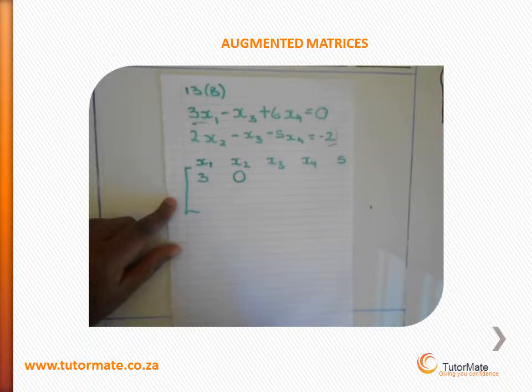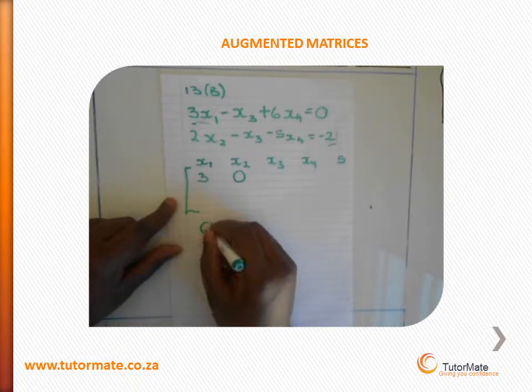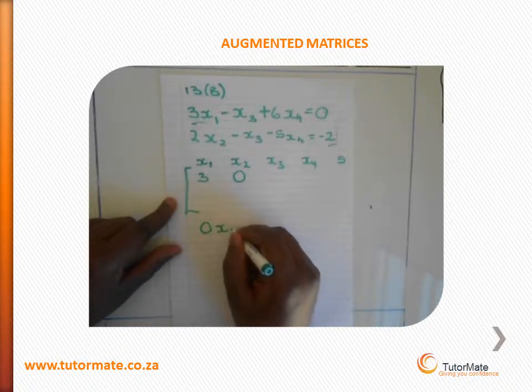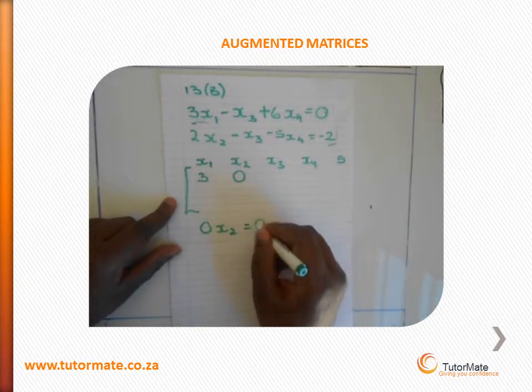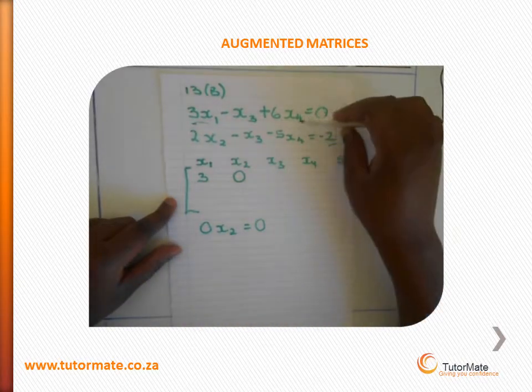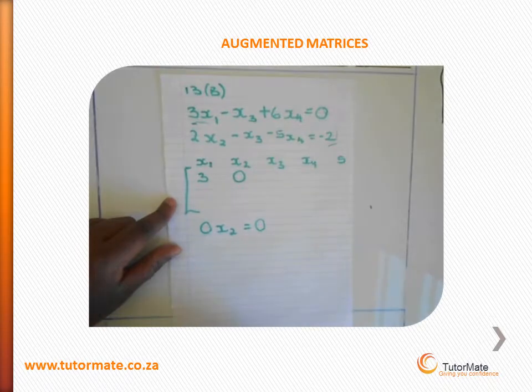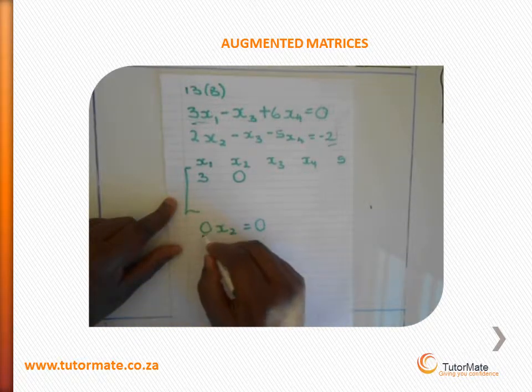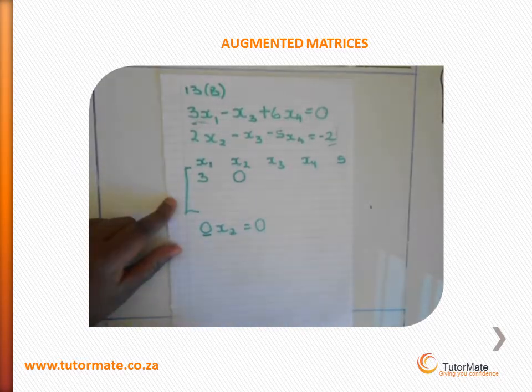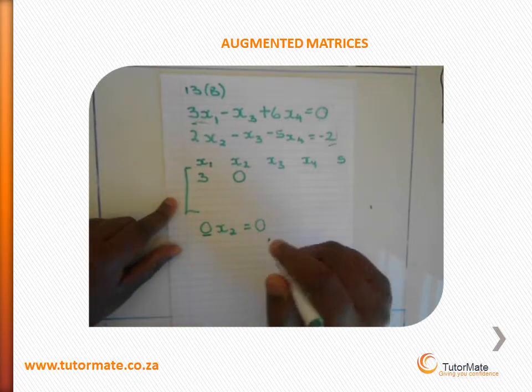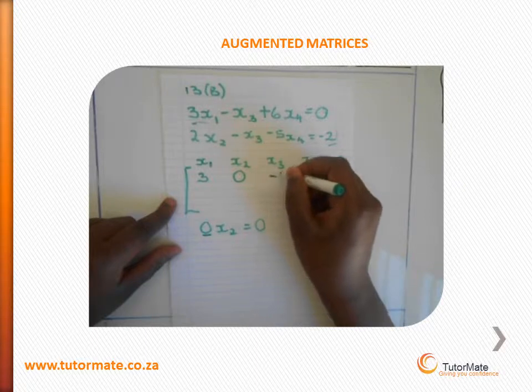This stems from the fact that 0x2 is equal to 0, which explains why there is no x2 in this equation. Therefore, my constant for x2 is 0. That's why I've put it here. Then x3. x3 is minus 1.